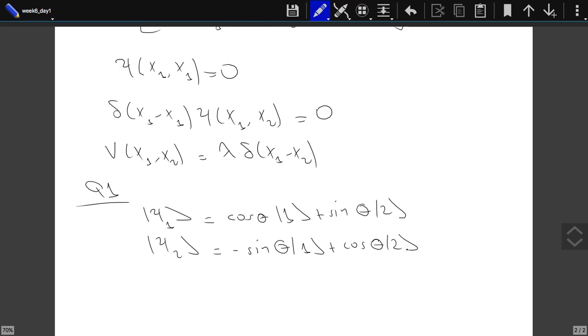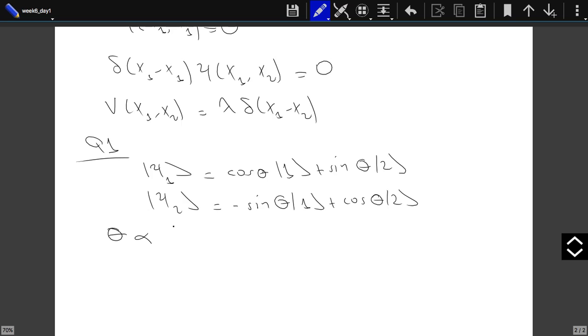In the class we were also looking for the eigenstates in this form, and you had shown that theta is proportional to delta over epsilon 1 minus epsilon 2.